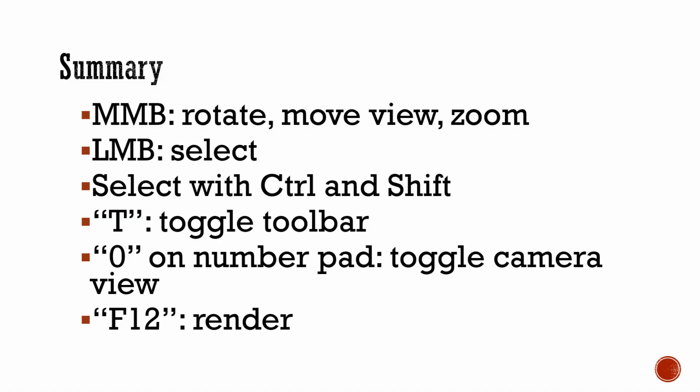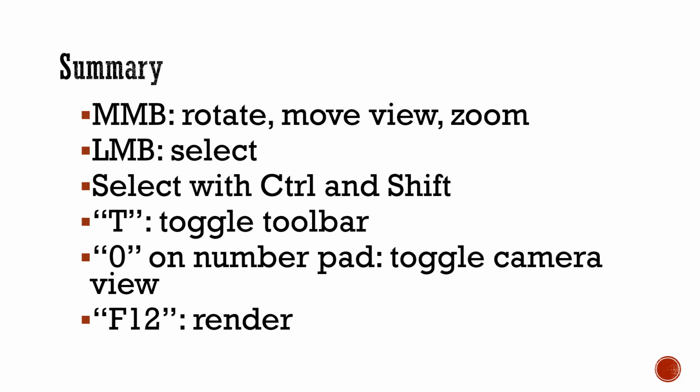To summarize what we have learned in this tutorial, here is a brief list. Rotate, move view, and zoom with middle mouse button and wheel. Select with left mouse button, Ctrl and Shift keys. 3 shortcuts.